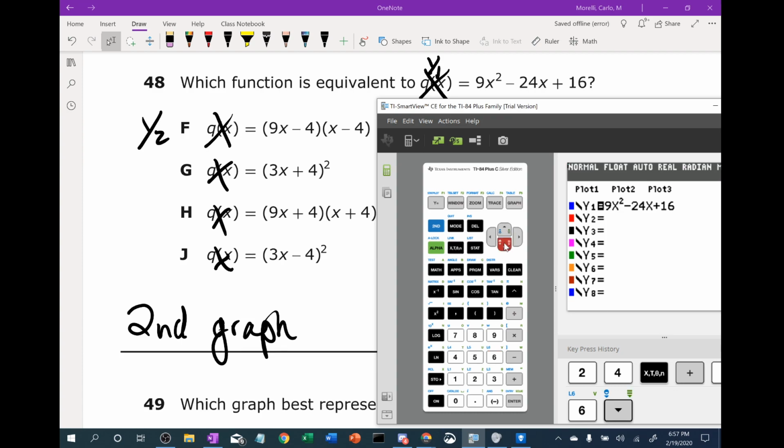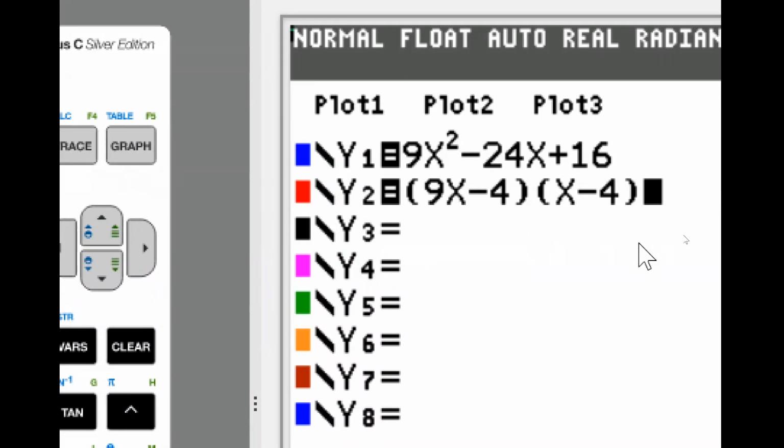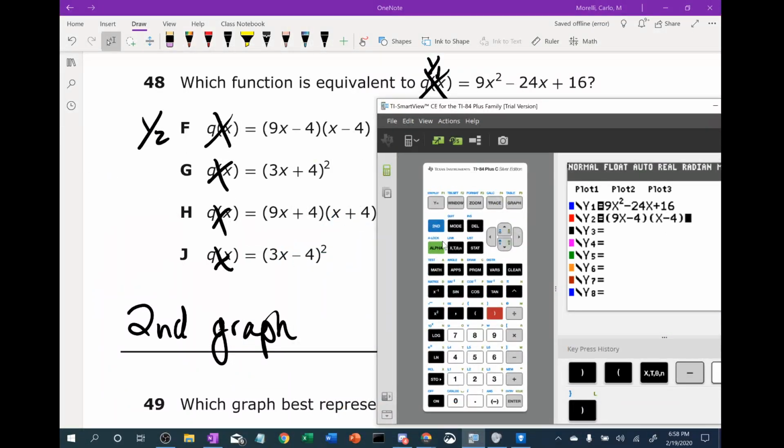Okay, down here in Y2, we'll try the first one. 9x minus 4, close parentheses, open parentheses, x minus 4. Once you get this data entered, you want to hit second graph.